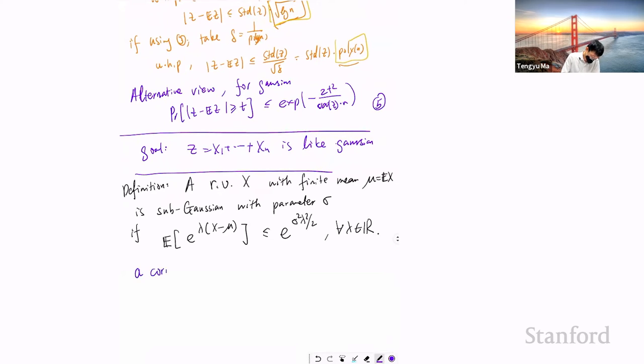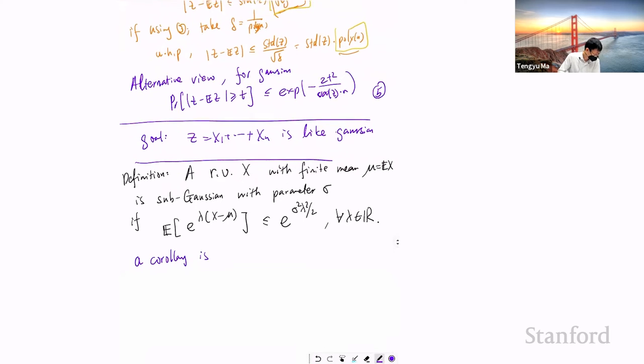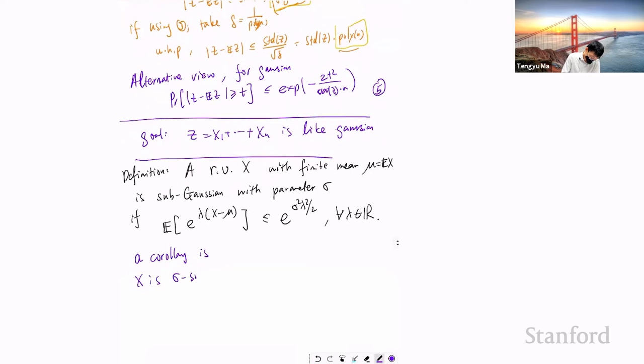A corollary is that if x is sigma sub-Gaussian, it implies the following: the probability that |x minus mu| is larger than t is less than 2 times exponential of minus t squared over 2 sigma squared, for every t. The corollary is probably more intuitive.